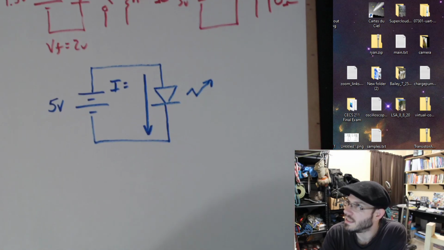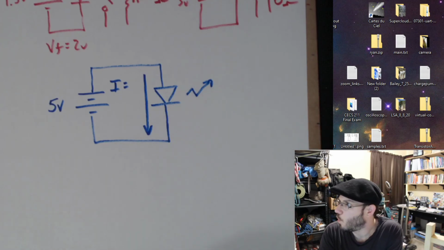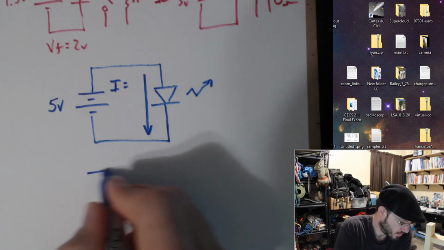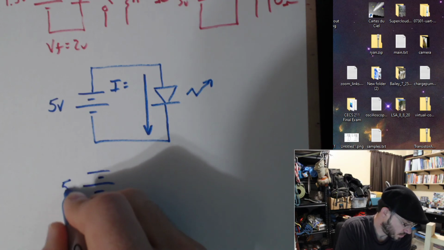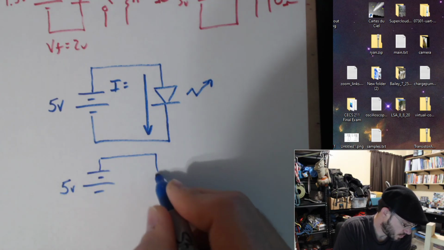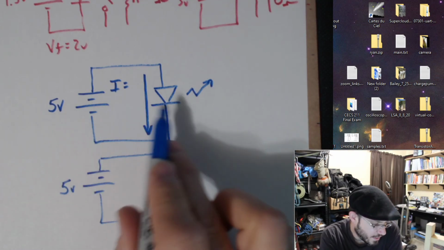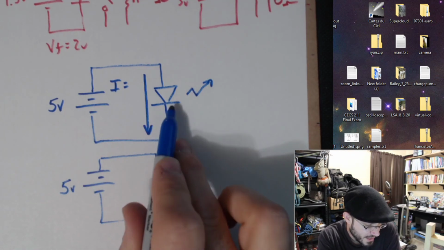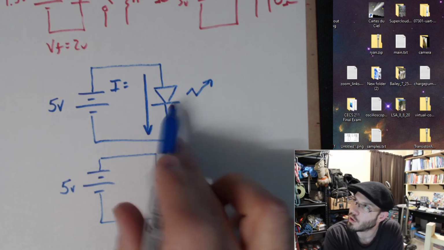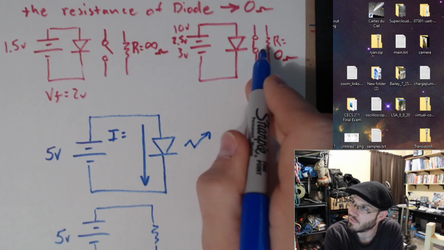Well, just replace the diode with a 0 ohm resistor. We know that once we exceed the forward voltage of our diode, in this case once we exceed 2 volts, the resistance heads off to 0.